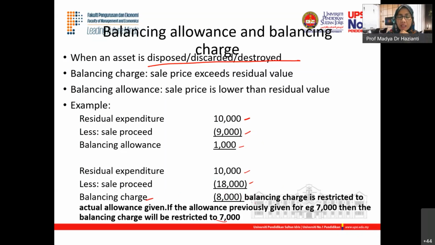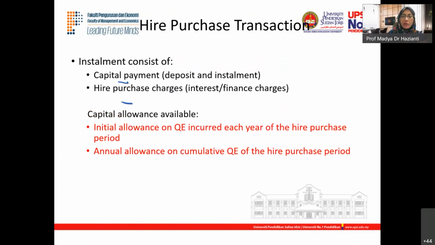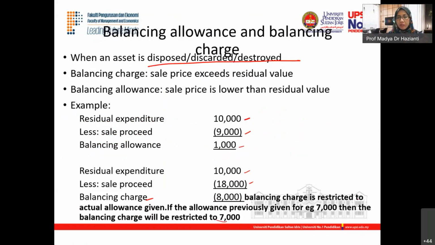Tapi I highlighted here, the balancing charge is restricted to actual allowance given. Katakanlah our calculation tadi macam yang kita buat dekat sebelah ni tadi. Let's say our total capital allowance hanyalah 7,000, contoh. Then the balancing charge will be restricted to 7,000. Boleh faham tak?